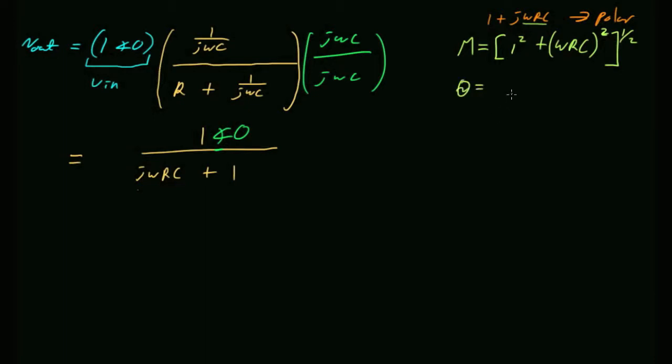Arctangent. The phase angle is always the inverse tangent of the imaginary coefficient over the real coefficient. So the imaginary coefficient is omega RC divided by the real coefficient, which is just 1.